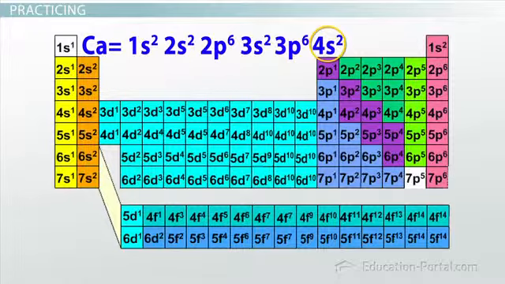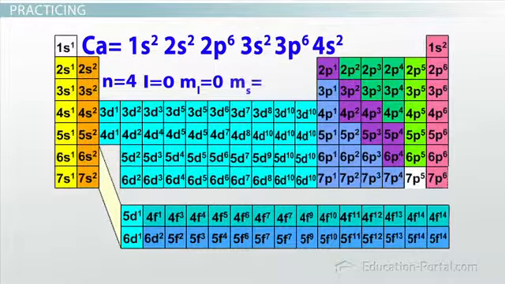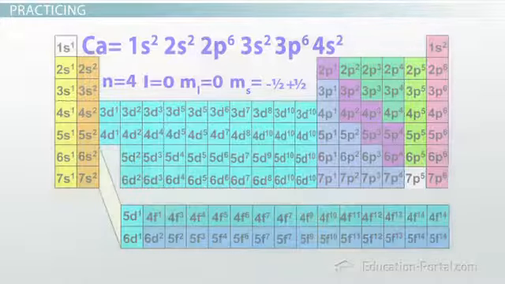One of these electrons should have a series of quantum numbers like this: n equals 4, L equals 0, 0 is the number associated with the s orbitals, and ML equals 0. There's only one way to orient a sphere. ms will equal either -1/2 or +1/2. Whichever spin this 4s electron will have, the other will have the opposite spin.